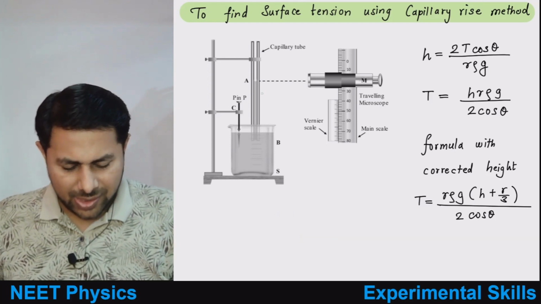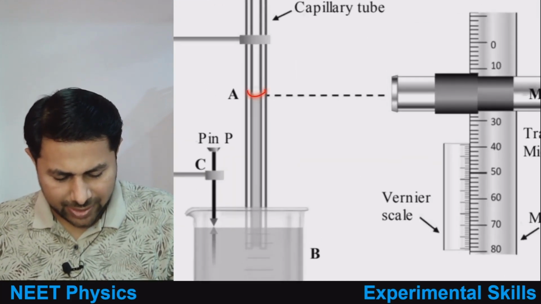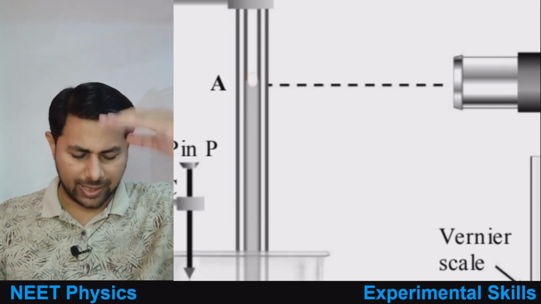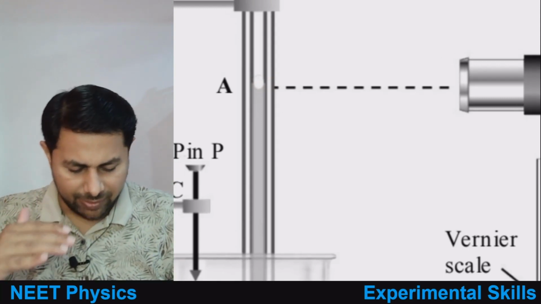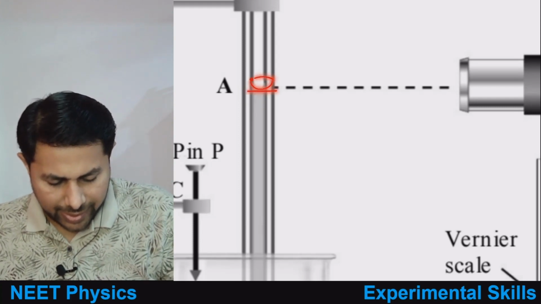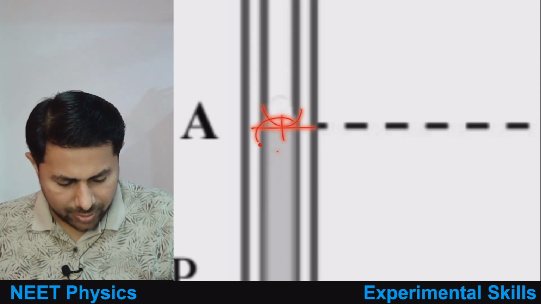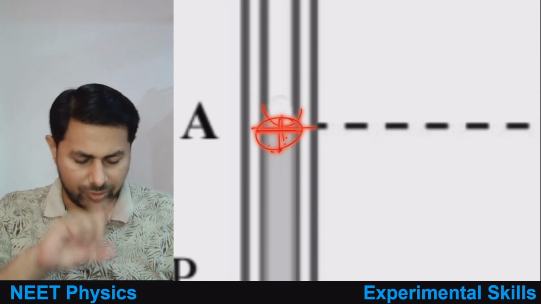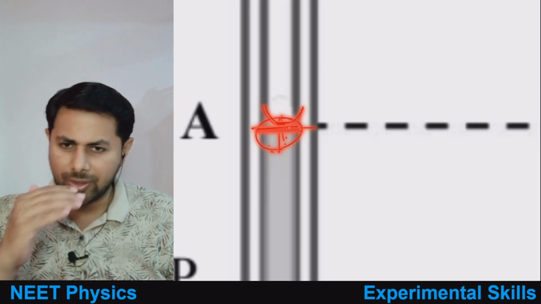So now suppose it rises up. Then you will have this meniscus here. Again, you take the traveling microscope and adjust it in such a way that you take it to this level and measure this height. You adjust the horizontal cross mark in the field of view of the traveling microscope so that it matches with the bottom of the meniscus.